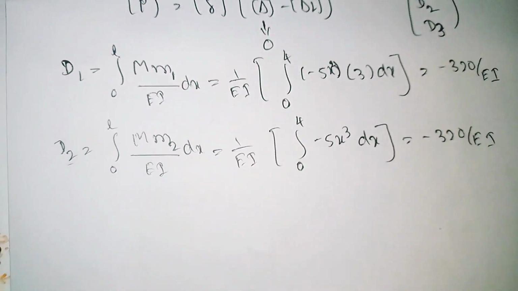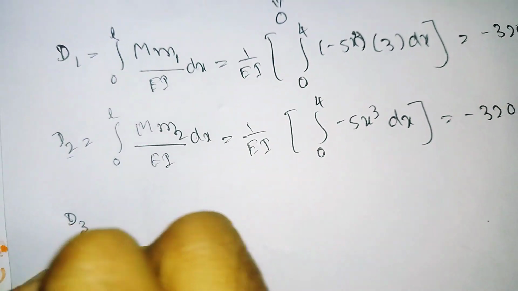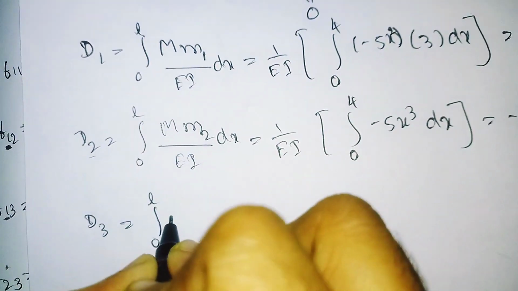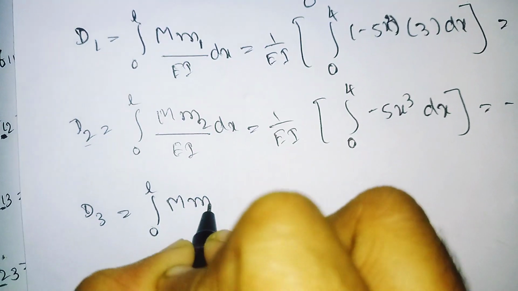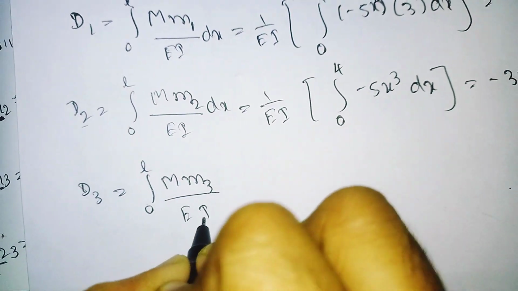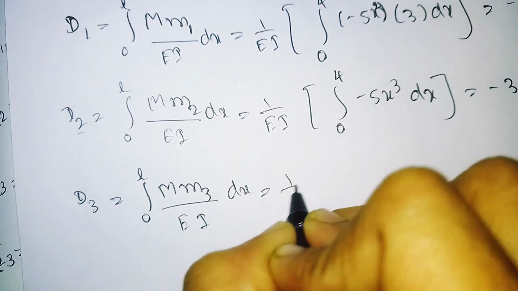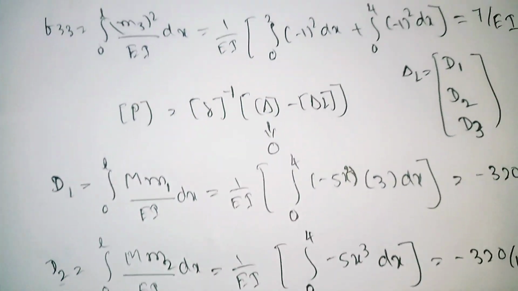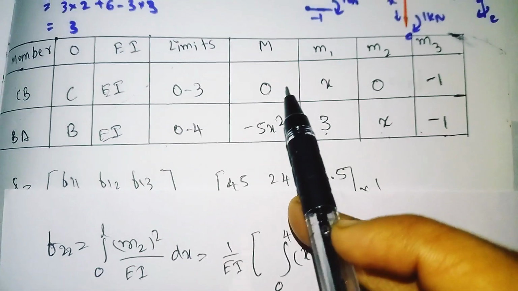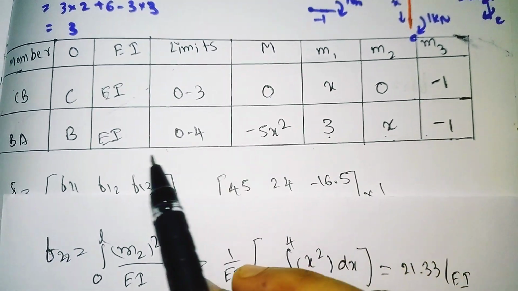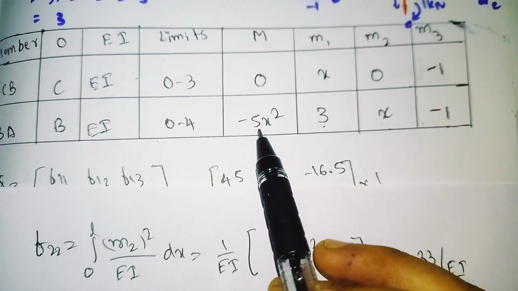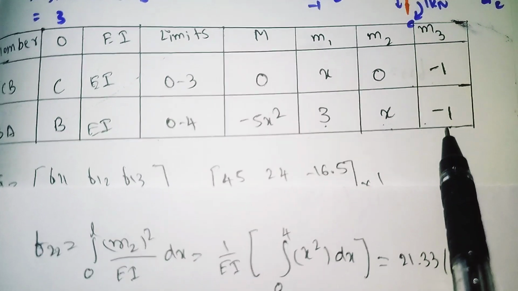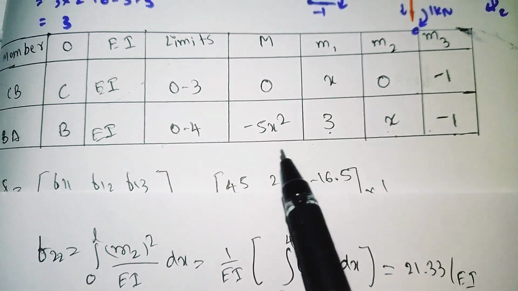The value is the same. Similarly for D3 we have the formula: integration of 0 to L of capital M into small m3 divided by EI into dx is equal to 1 divided by EI. Integration of capital M into m3: capital M is 0, so this becomes 0. For BA, minus 5x square into minus 1 becomes 5x square.